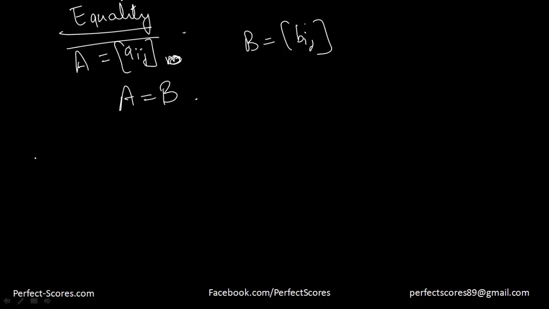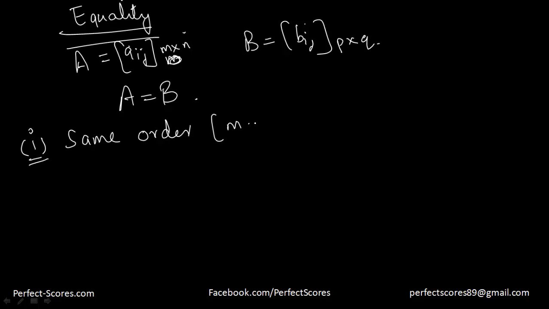There are specific conditions to be followed. The first condition is that these matrices have to be of the same order, which means the same number of rows and columns. Let's suppose A is m into n and B is p into q. So m should be equal to p and n should be equal to q. They have to be of the same order.